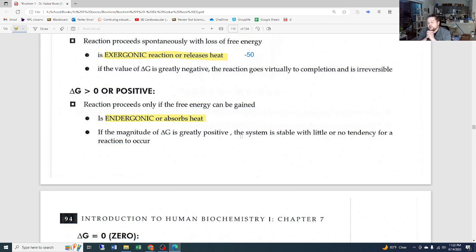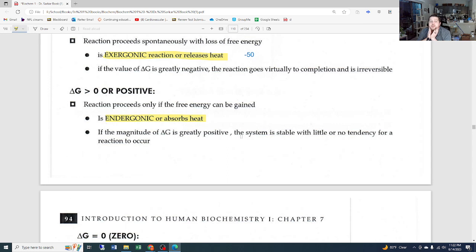Or you'll have a reaction where you start to see steam come out of the reaction and it's really, really warm. Which of the following types of reactions are occurring? And that answer could be exergonic, exothermic. It could be catabolic. It could be talking about bonds breaking. Any of those things that are true about that reaction.